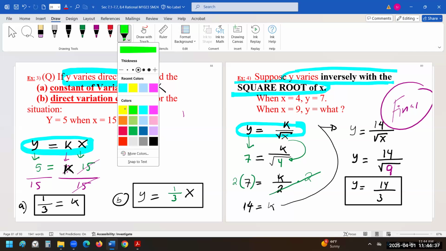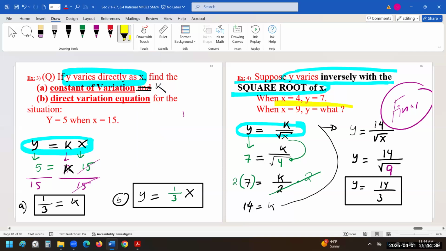So let me highlight it yellow. This portion is the yellow portion here. And yes, in the final exam, they'll give you something like this. But you have to do all 3 steps. Step 1, find k. Step 2, rewrite your equation. And step 3, find a variable when another variable is given.